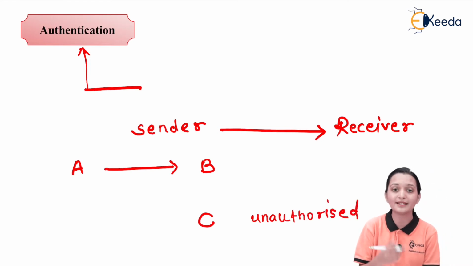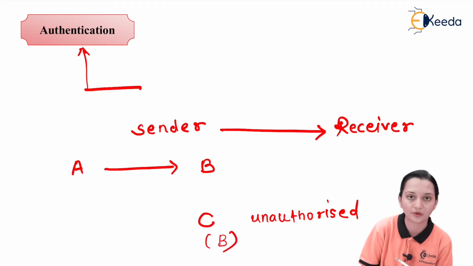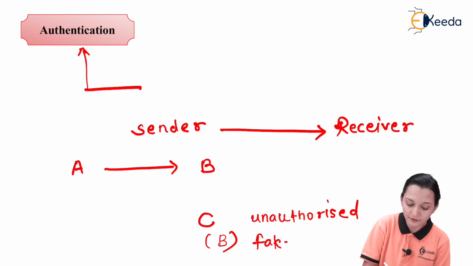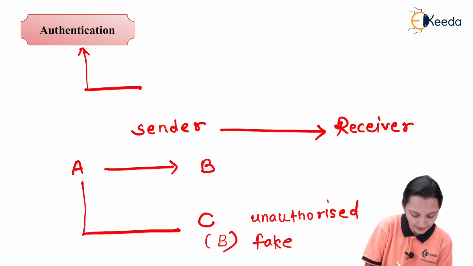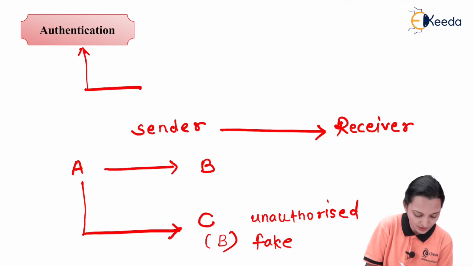But if in some cases C pretends to be B, that means if the profile of C is the same as the profile of B, indirectly a fake profile, if C tries to generate it, then A may understand that C is nothing but B, and A will try to transmit the message to B.